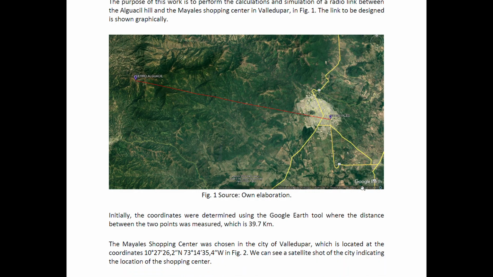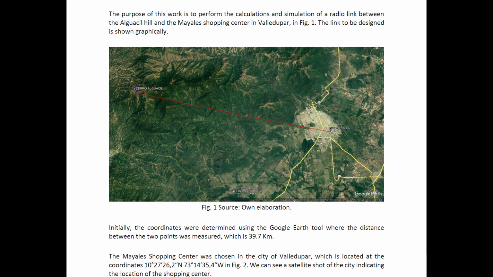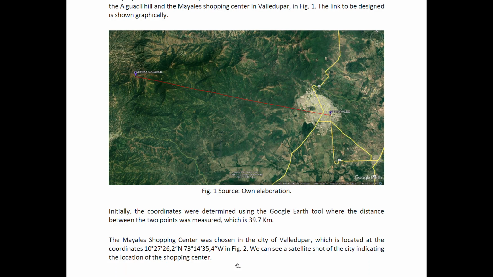Initially, the coordinates were determined using Google Earth, where the distance between the 2 points was measured at 39.7 kilometers. So the Mayales shopping center was chosen in the city of Valledupar, and it's located in the coordinates indicated here in the script.